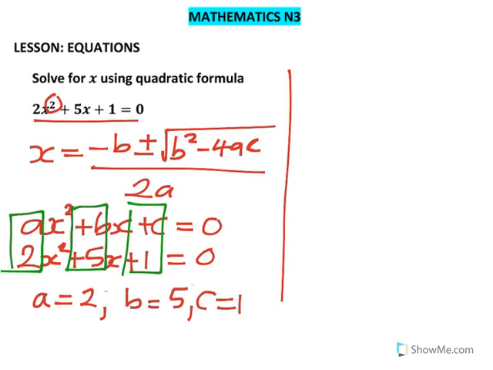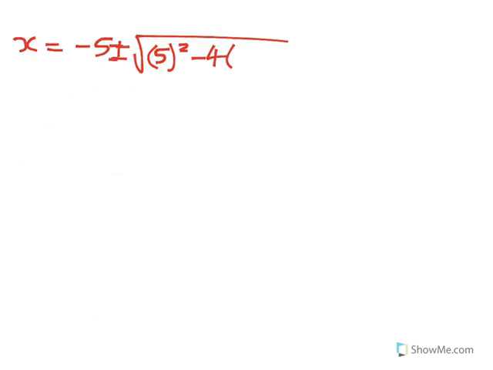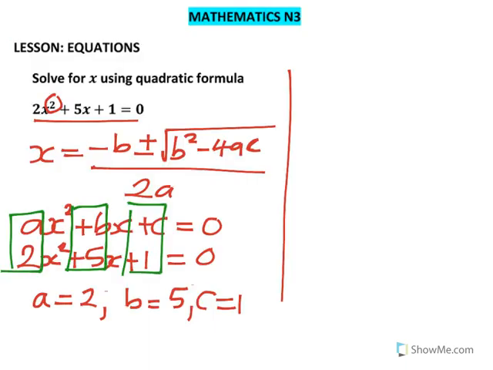Again, what was my a? 2, and my c is 1. So minus 2, c is 1, all over 2a. My a, remember, is 2.